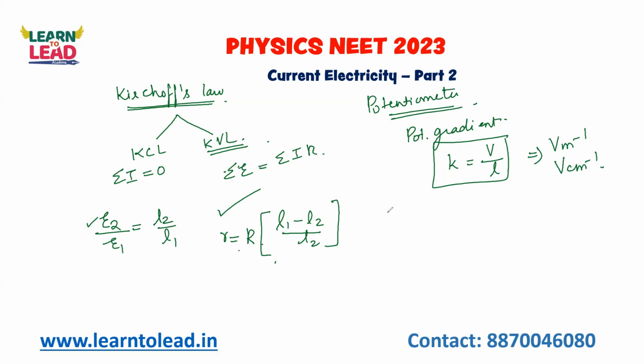In case of Wheatstone bridge, the balanced condition is P by Q is equal to R by S. And the same concept we also use in the meter bridge.